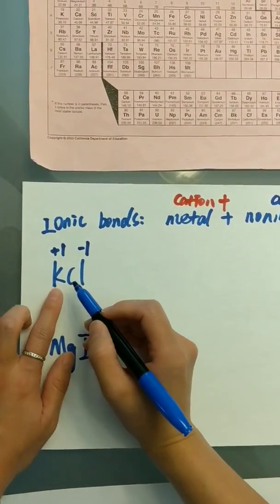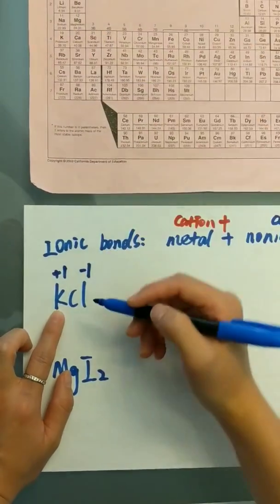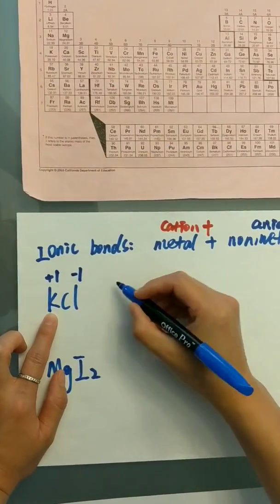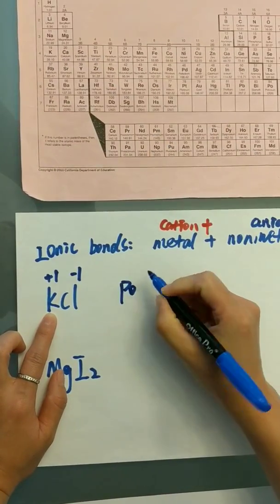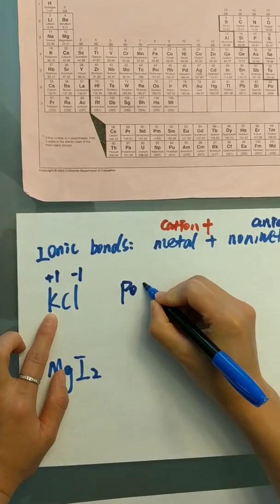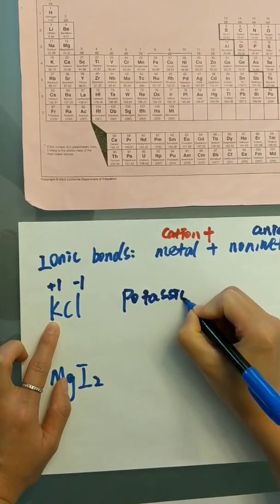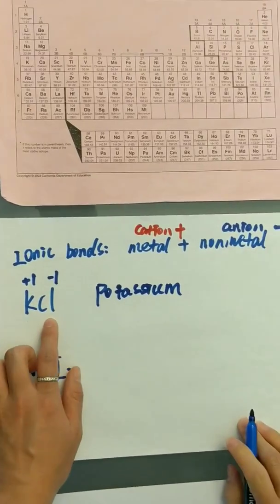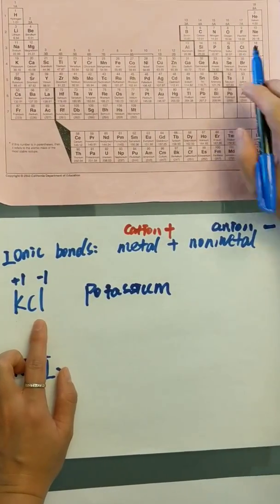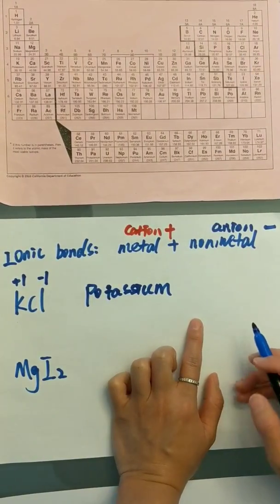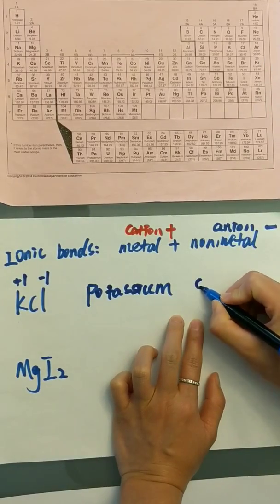First step, write K from the periodic table. K is potassium. Cl from the periodic table, which is called chlorine.